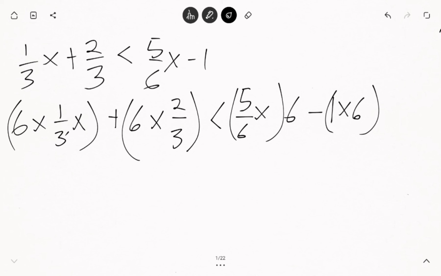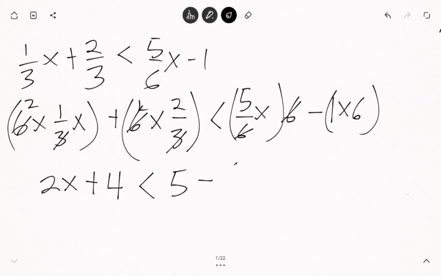So from here, I know that my 3 will divide 6 twice. So 2 multiplied by 1 will give me 2x. Plus, 3 will go into 6 twice, so I have 4 here. The 2 multiplied by 2 at the top will give me 4. It's less than 6 will go into 6 just once, so I have 5x minus 1 multiplied by 6 will give me 6 at the end over here.